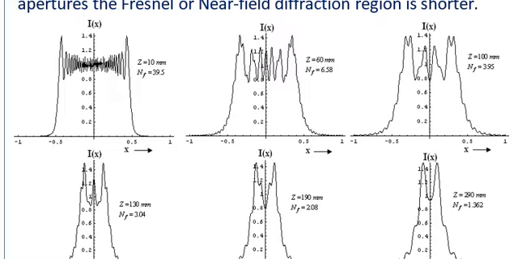And the region of the intensity is nearly equal to the width of the aperture, which is 1 millimeter, going from minus 0.5 millimeter to plus 0.5 millimeter, because we are very close.